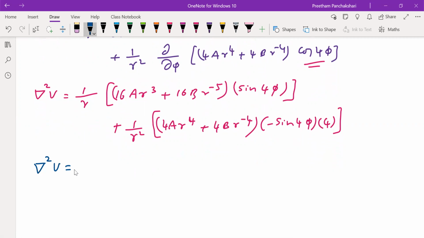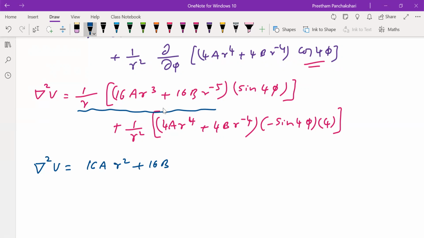Let us see whether we get 0 or not. Here, multiplication of the first term by 1 by r gives us 16a. R cube divided by r is r square, plus 16b.